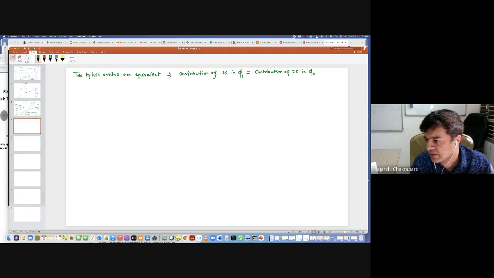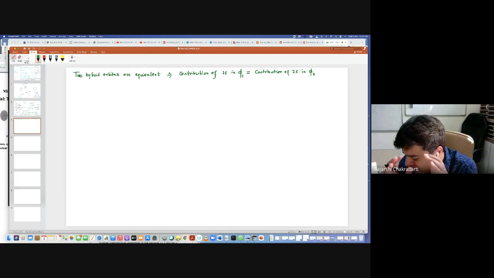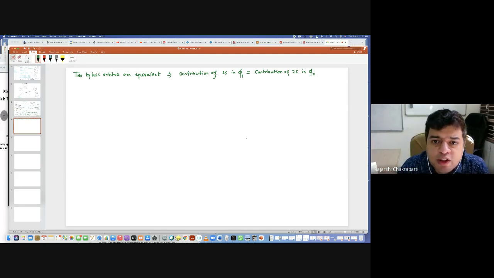Are you following this? Because we are assuming that the two hybrid orbitals are equivalent. What is the contribution of 2s in phi 1?